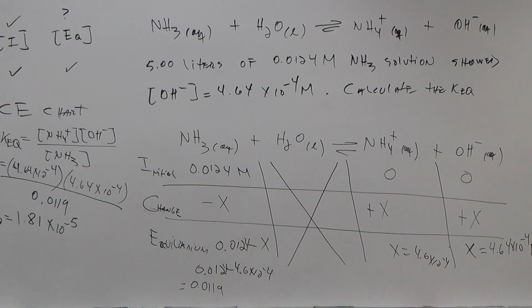So 4.64 times 10 to the minus 4 times 4.64 times 10 to the minus 4 divided by 0.0119 gives you 1.80. 1.8 times 10 to the minus 5, so you just want to make it 1.81. So I'm right?